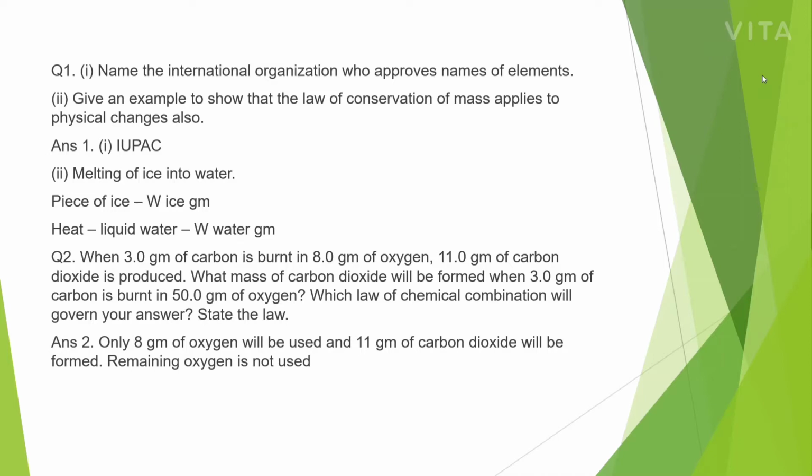Suppose this is W grams, that is with the ice. Now we will heat the flask slowly. What will happen when we heat it? The ice will start converting into liquid water. So after some time, all the ice will melt and form liquid water.